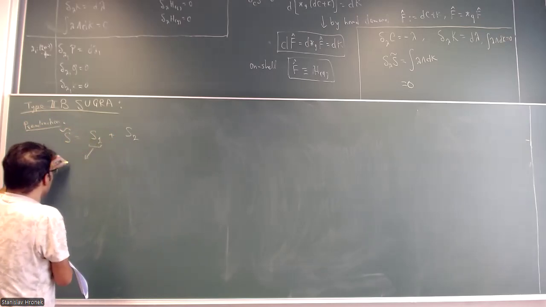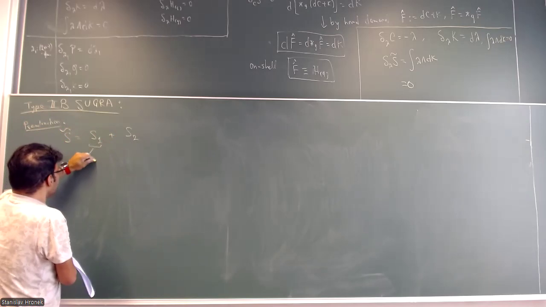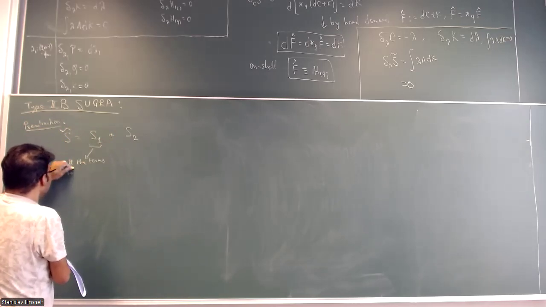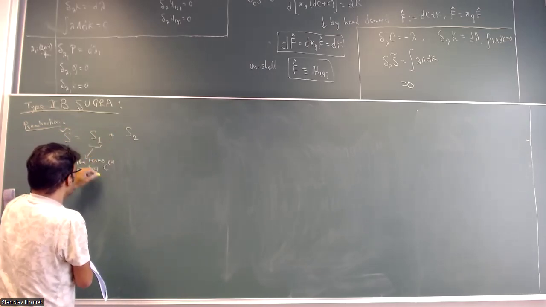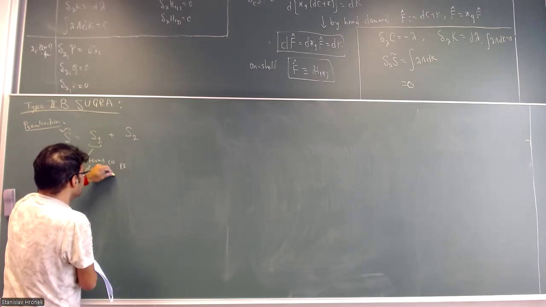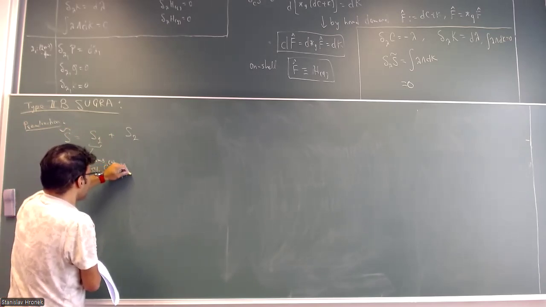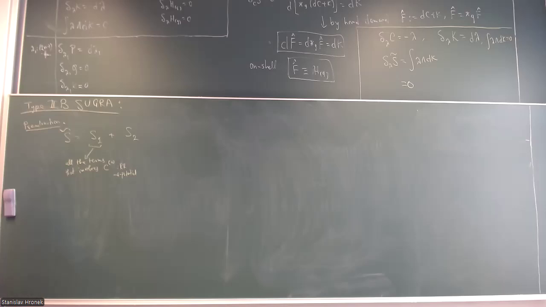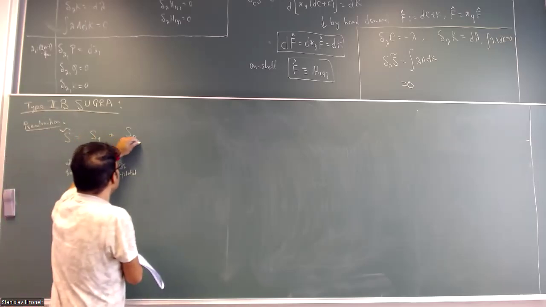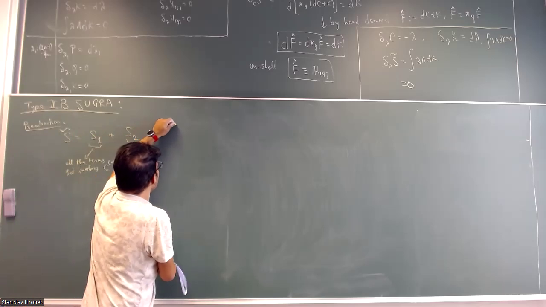S1 is all the terms that involve C4, which is the Ramond potential. So open the textbook, look at all the terms in type IIB supergravity. Anything which has C4 involved in it, just club them under some label S1, and everything else we call S2.